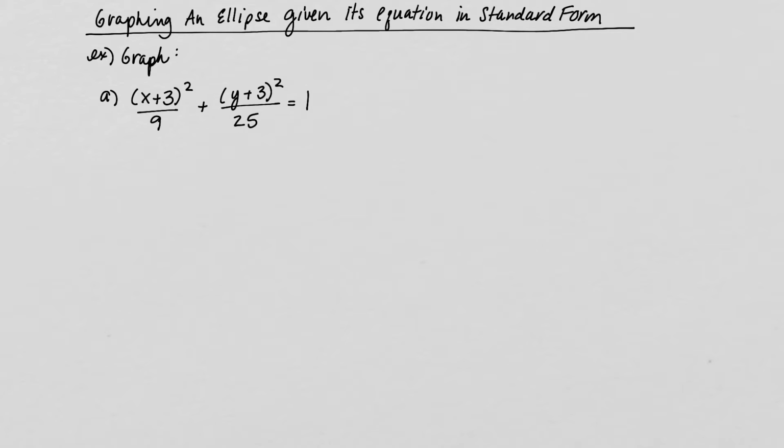So the center is going to be (h, k), and those h's and k's come from, if you look at this, x minus h squared and y minus k squared equals 1.